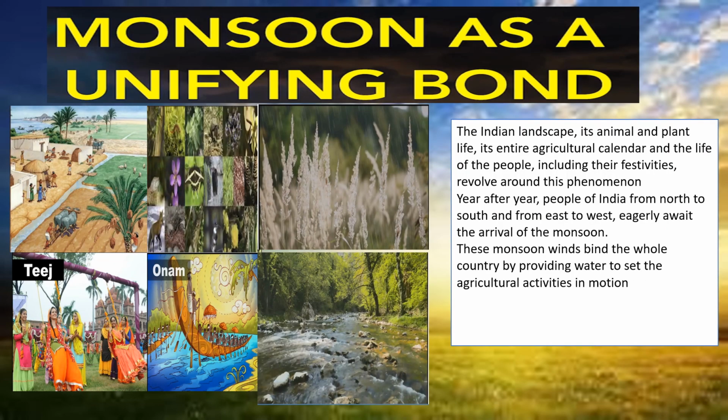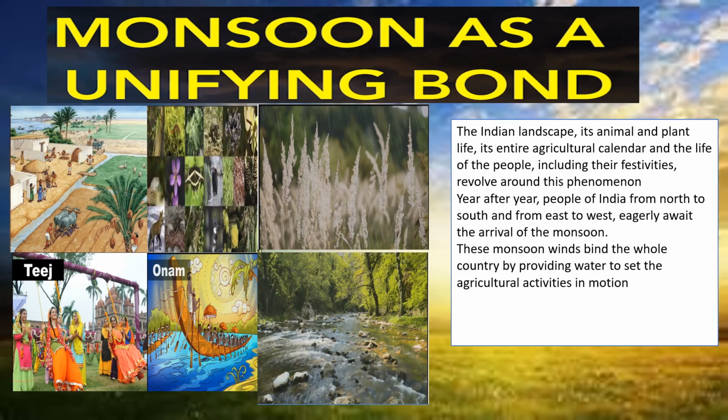Now we come to the last topic of this chapter. Like I mentioned earlier, monsoon helps in uniting India as one. It acts as a unifying bond. How does it do so? Let's have a look. The landscape, its animals, the plant life, its entire agricultural calendar, the life of the people, including the festivals, revolves around this phenomenon.